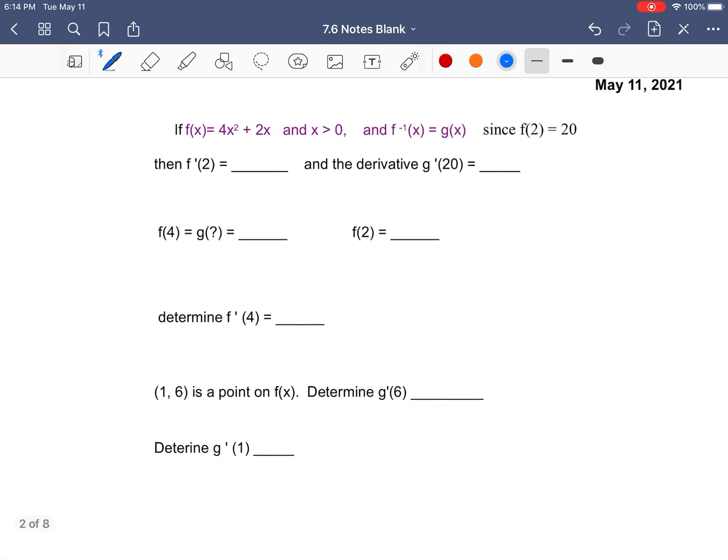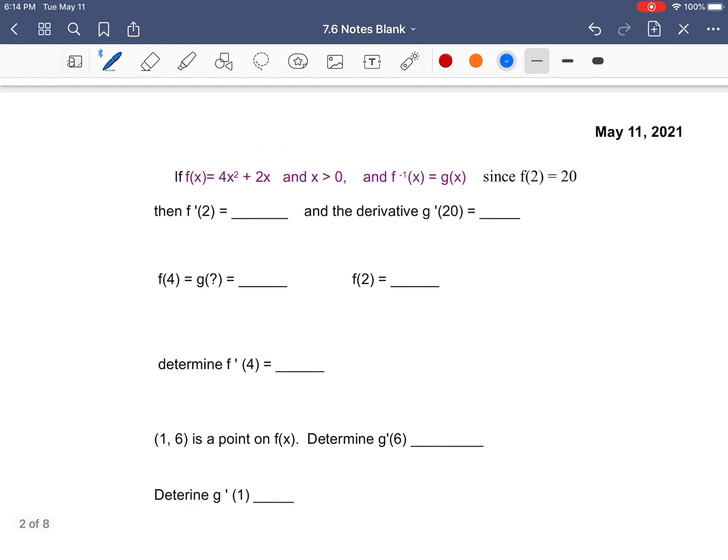All right, so if f of x is equal to 4x squared plus 2x, x is greater than 0, and the inverse is equal to g of x, and since f of 2 is equal to 20, let's find our derivative. So our derivative is going to be 8x plus 2. Well, then f prime of 2 is going to be 8 times 2 plus 2, so 16 plus 2 is 18.